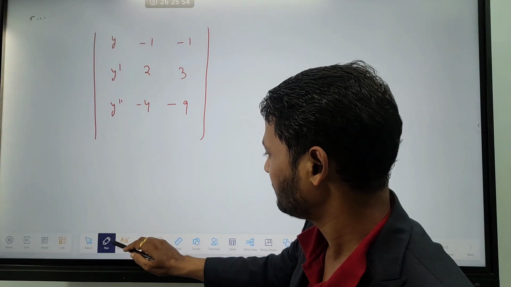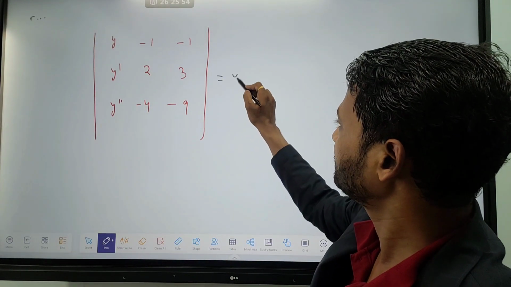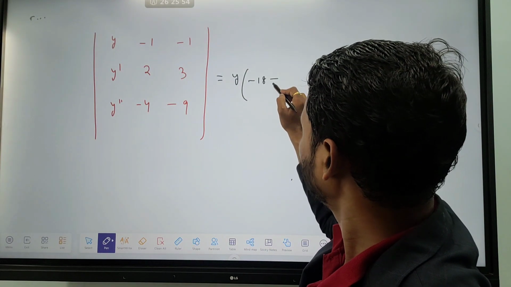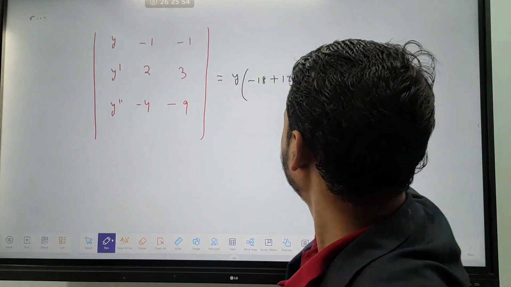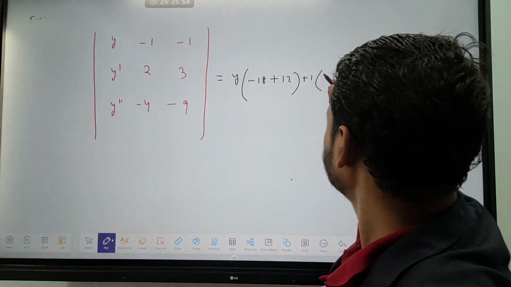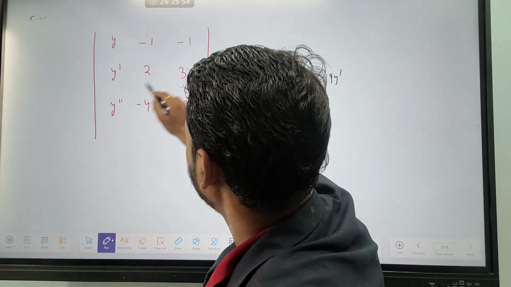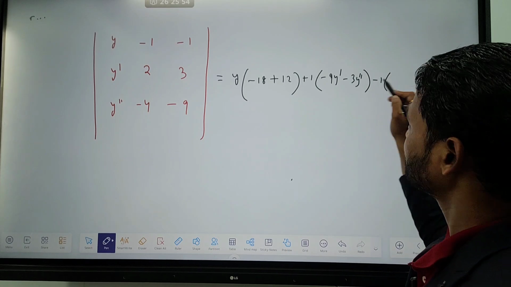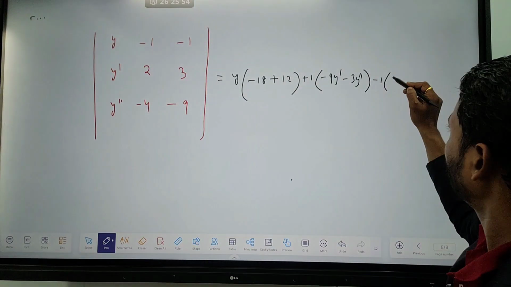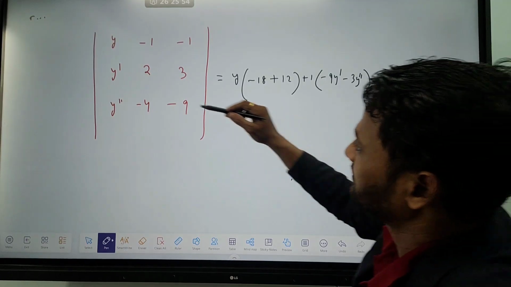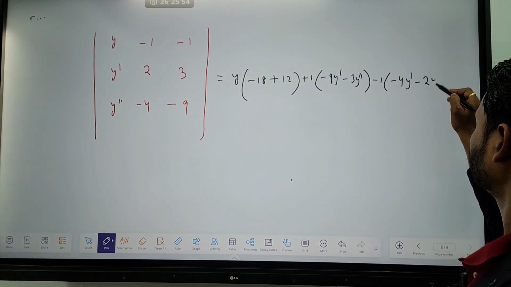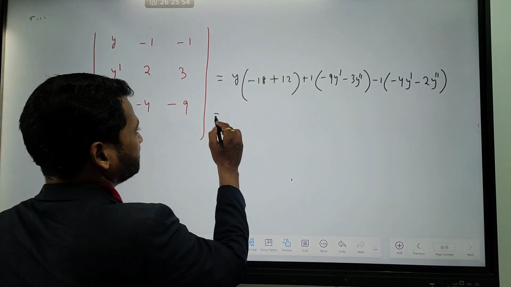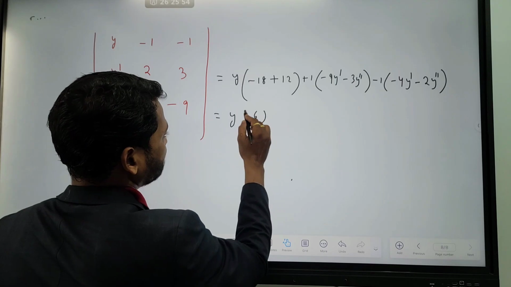Now you get the solution. So here y, multiply: minus 18 plus 12. Then minus, meaning plus 1 into minus 9y dash, and minus 3y double dash. Then with minus 1, this becomes minus 4y dash minus 2y double dash. Now minus 8 plus 12 gives minus 6.